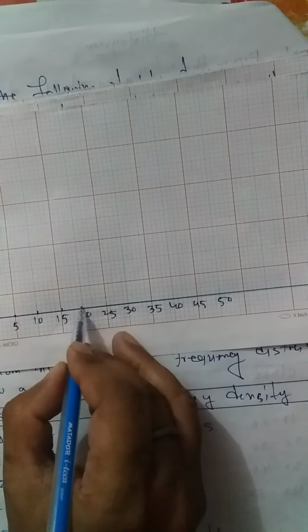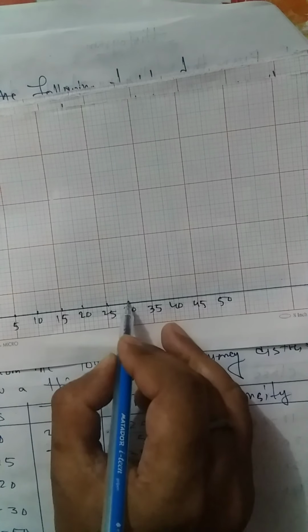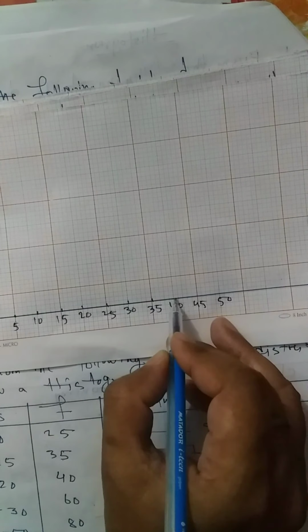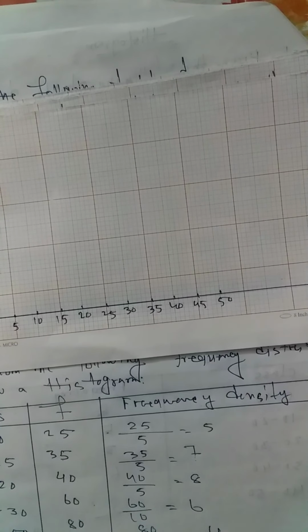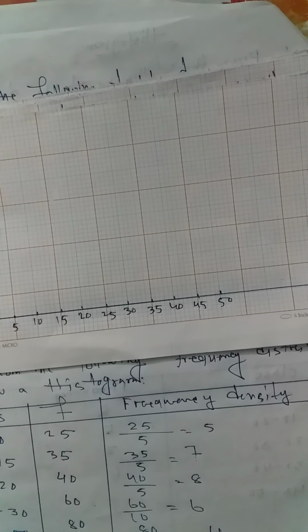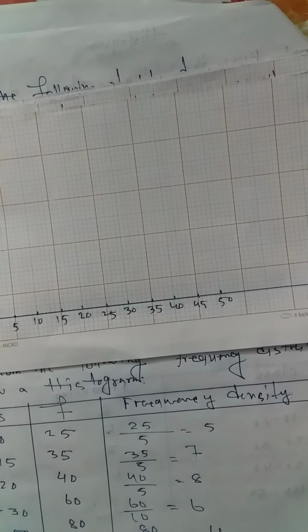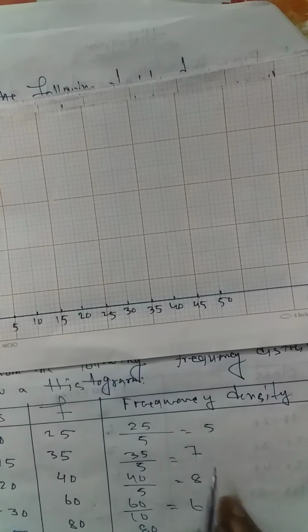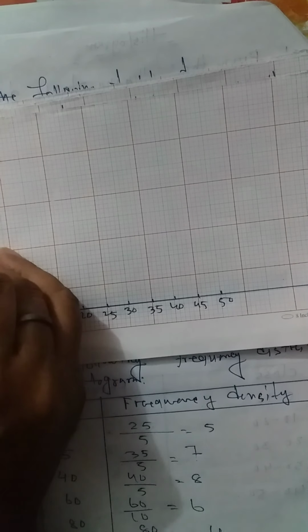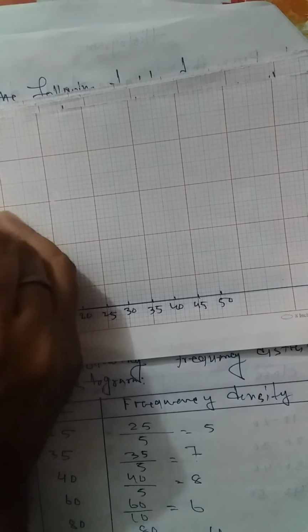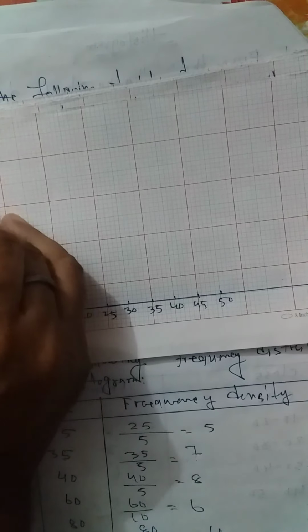Now indicate the points. These are the rules for an unequal class interval frequency distribution. The lowest frequency density is 4 and the top is 7, so mark 1, 2, 3, 4, 5, 6, 7.